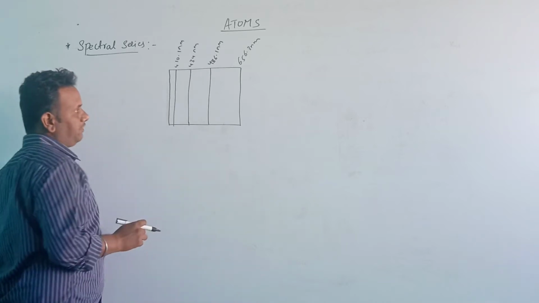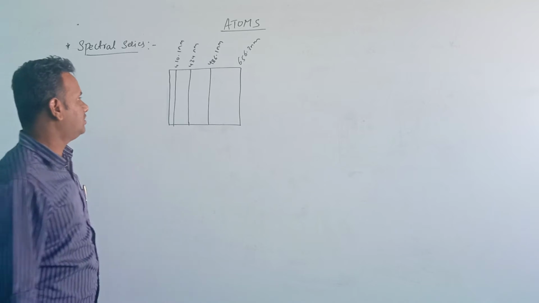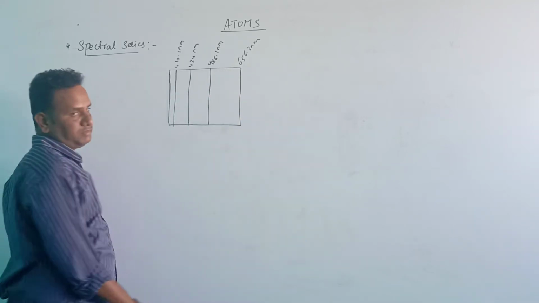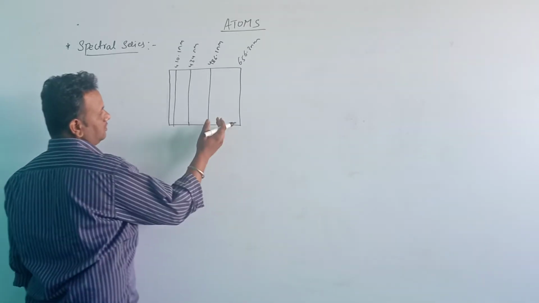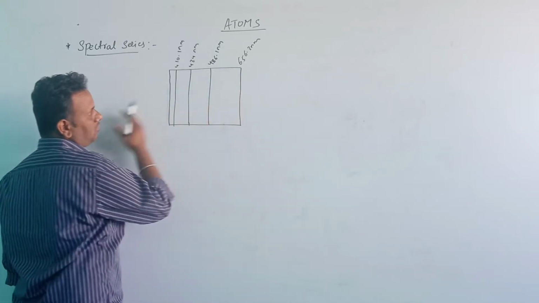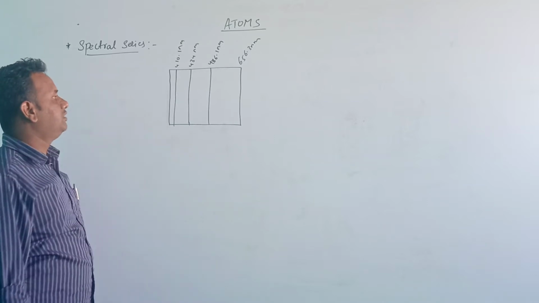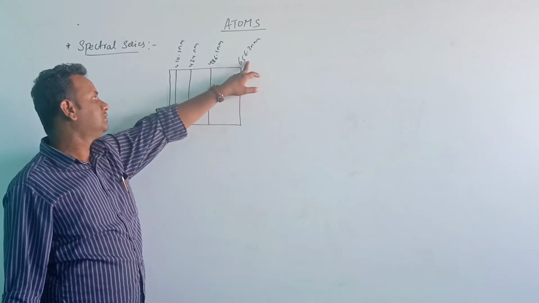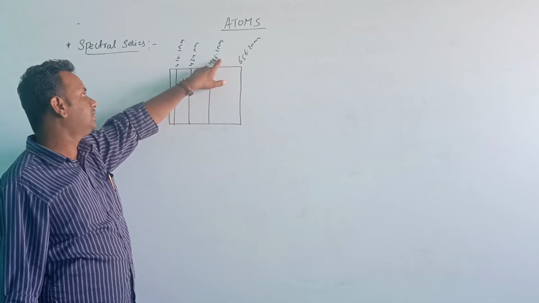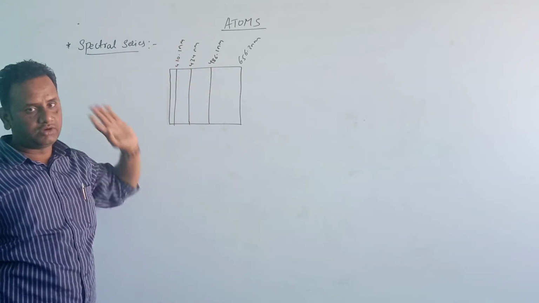Here we have different series of spectral lines. Each spectral line has a space between them, and each line has a particular wavelength in decreasing order. The first line has a wavelength of 656.3 nanometer, and next we have 486.1 nanometer, 434.1 nanometer, and 410 nanometer in decreasing order.